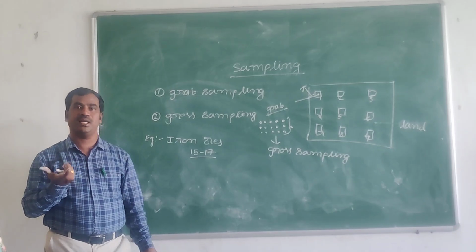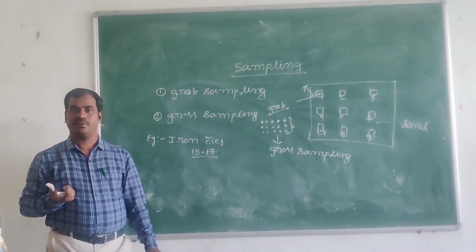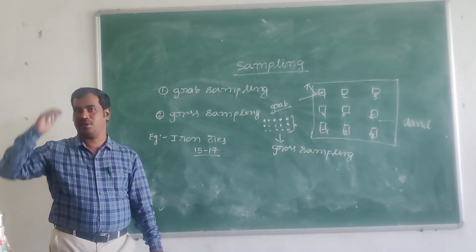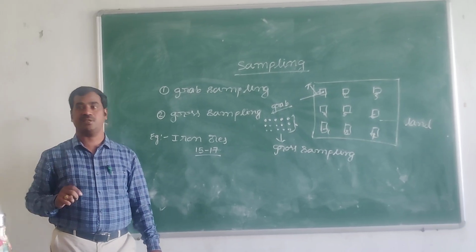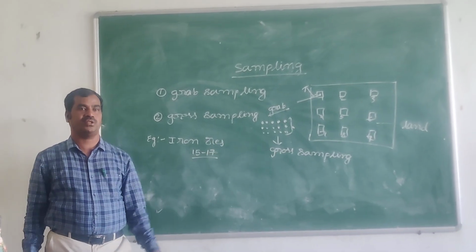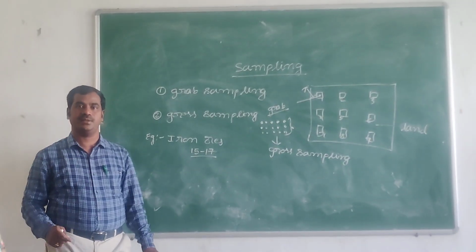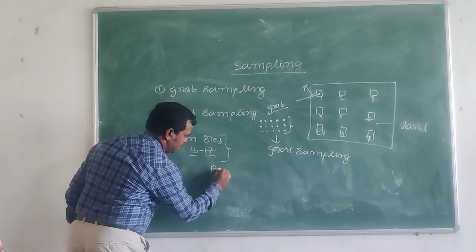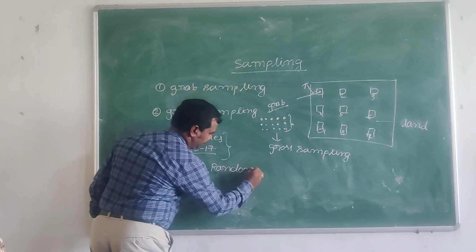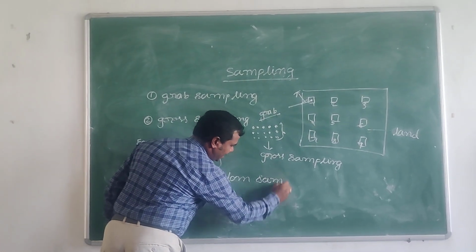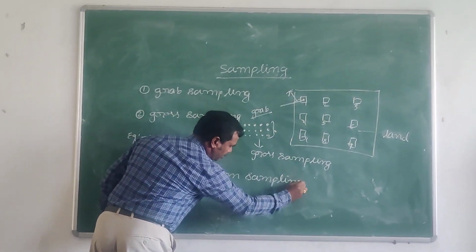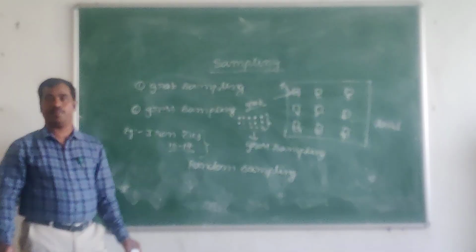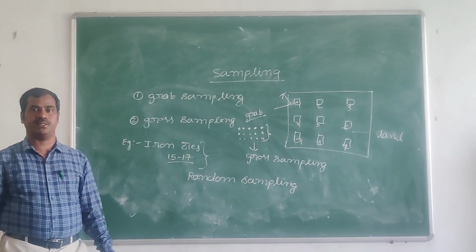Suppose we have 30 boxes of materials, 24 boxes of materials. The containers are a large quantity. Then how do you collect? So another method is random sampling. We take a sample from randomized containers.